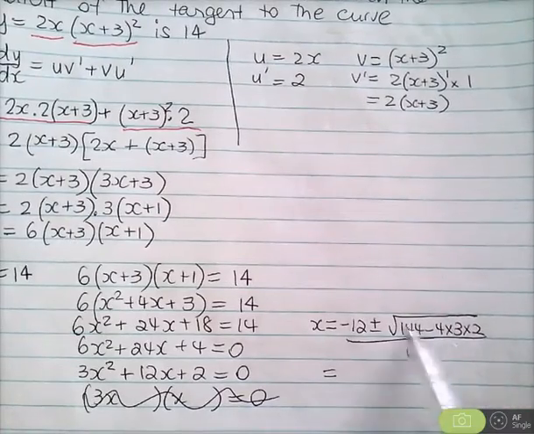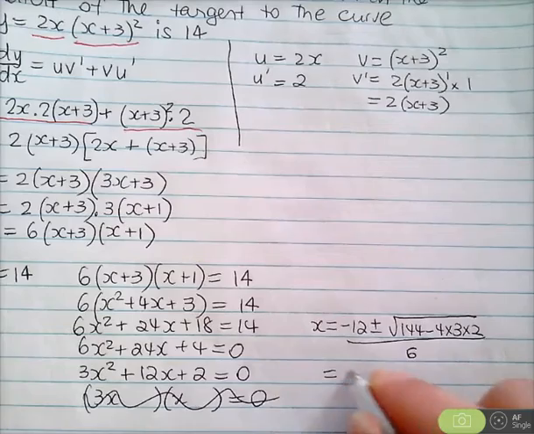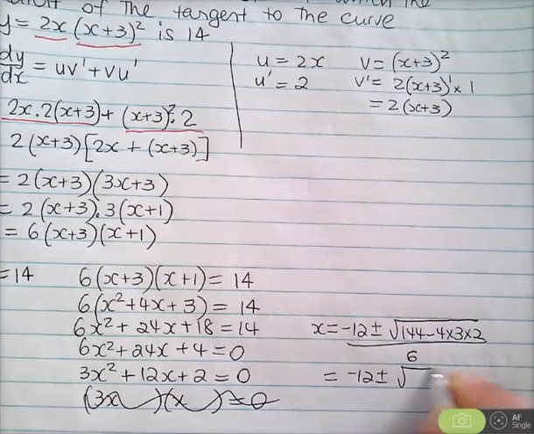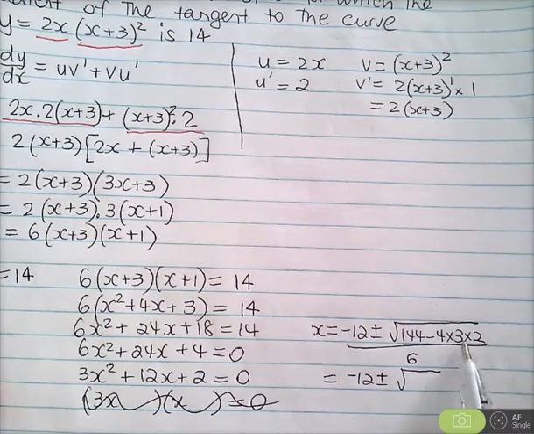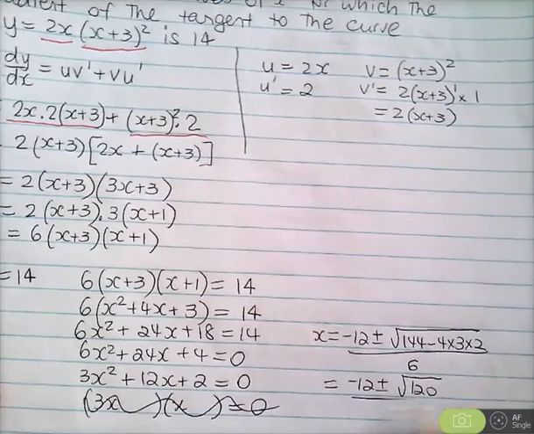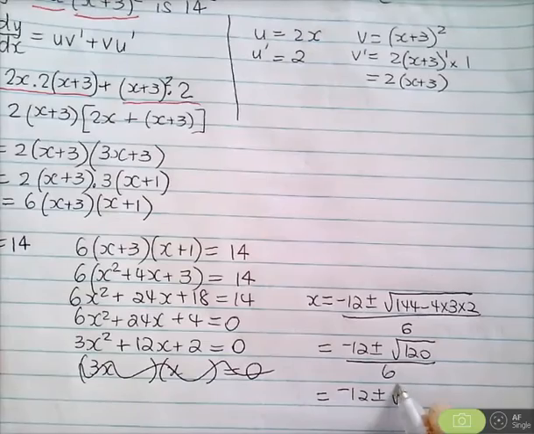Girls, notice I always write that bit out, especially if there's some negatives. You don't want to mess this up. Negative 12 plus or minus the square root of 144 minus 48 is 96 over 6.